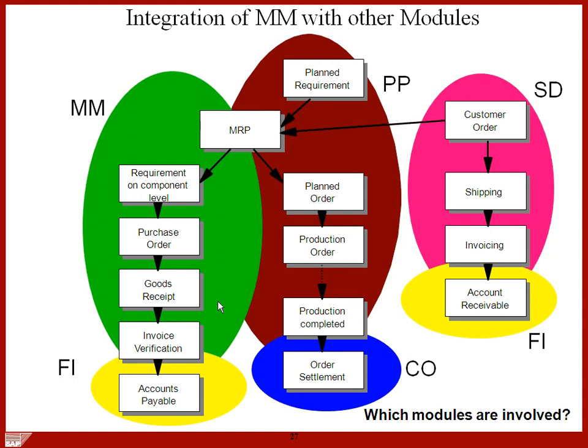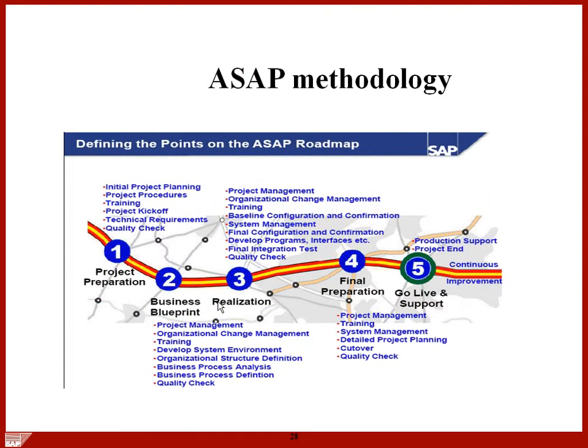Similarly, when you are working with MRP, consumption based planning, you will be integrating the MM module with the PP module. Similarly, when you are working with a special procurement scenario called third party sales or processing, you will be working with MM with SD. So all these points will be covered as and when they come into picture.